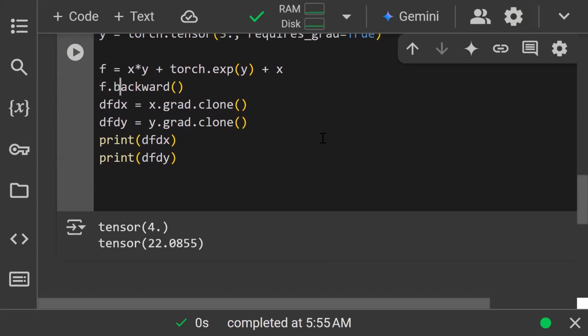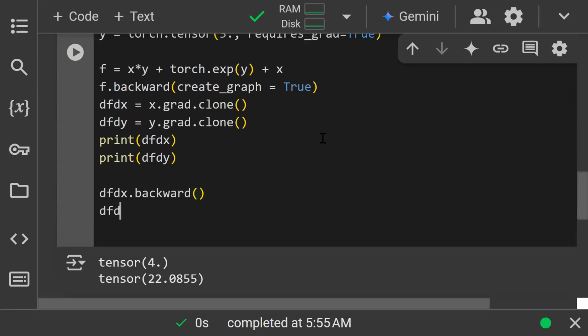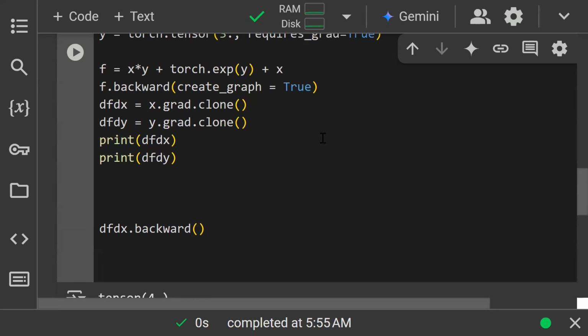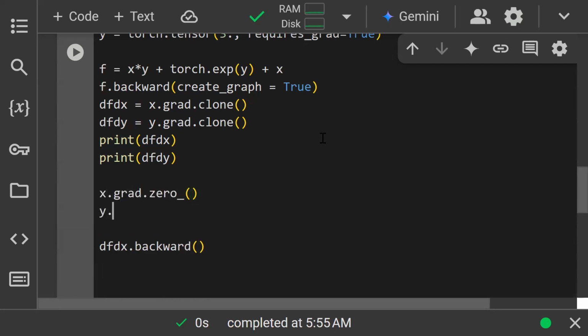So you may want to do something like create graph true, right? And then df dx dot backward. Let's just do df dx dot backward. And before we do that, don't forget to zero out x dot grad and the y dot grad.